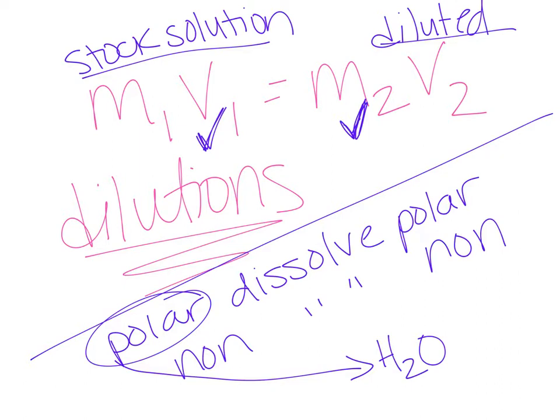It will not dissolve nonpolar things. What's an example of a nonpolar thing? Soap? No, I wouldn't say soap. How about oil? Can you put oil into water? Vegetable oil won't. Butter doesn't. All those fatty covalent things don't.